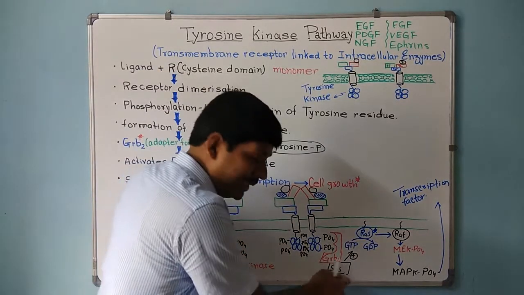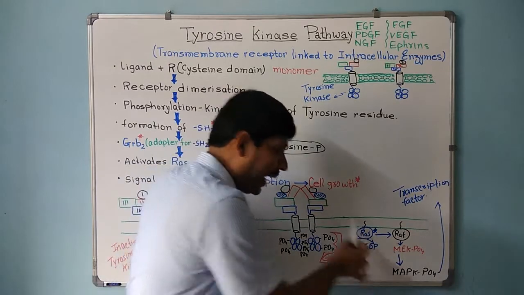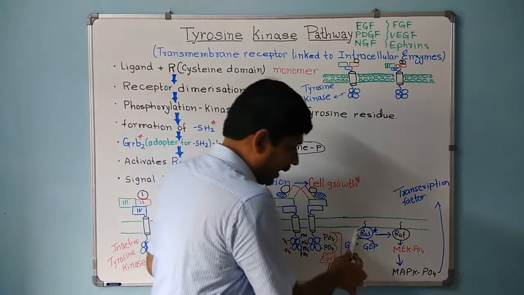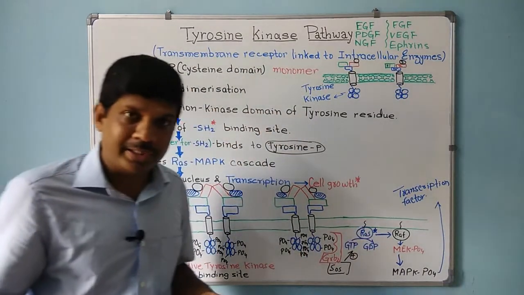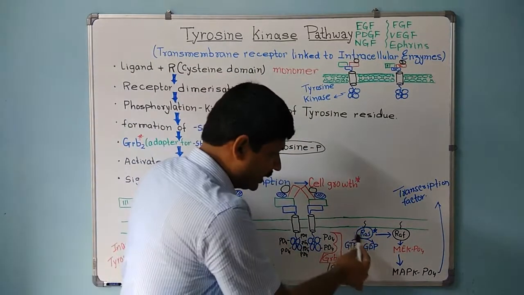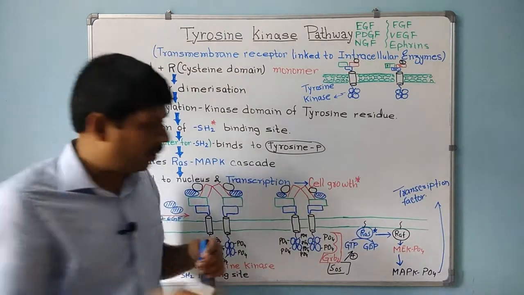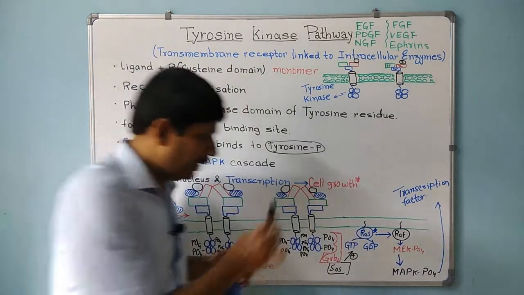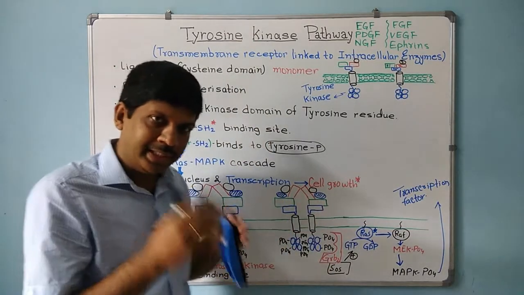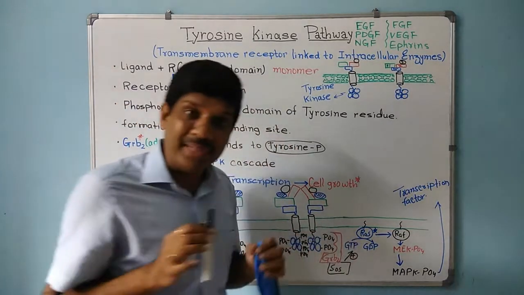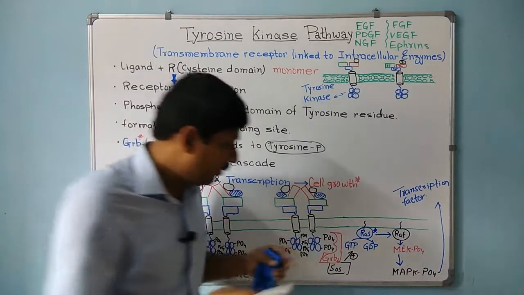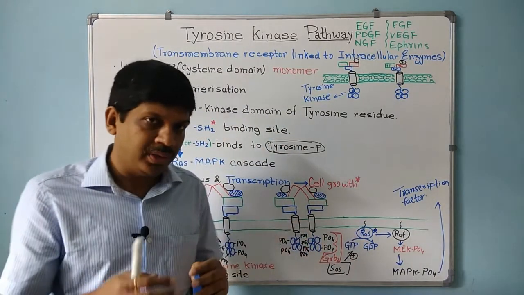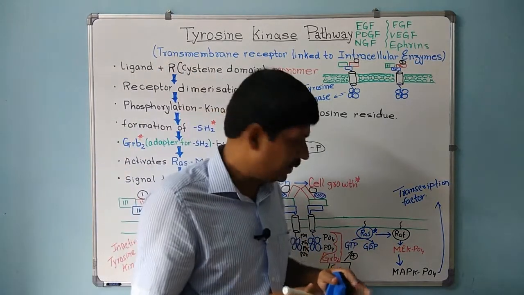Now what happens? This will in turn activate the RAS, that is the rat sarcoma. This usually is in the membrane bound form, and initially it is attached with the GTP. Remember, when the activation occurs, there is removal of GTP, and then the GDP comes.